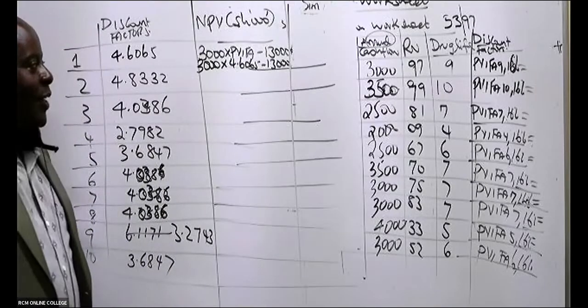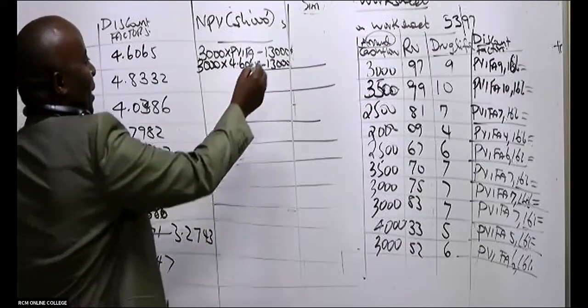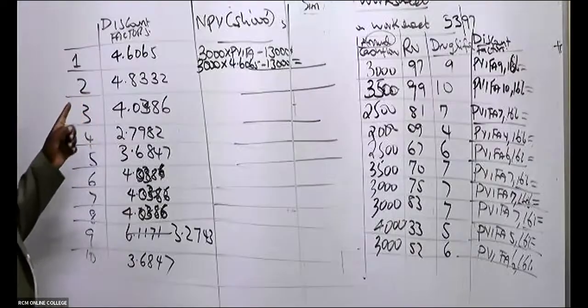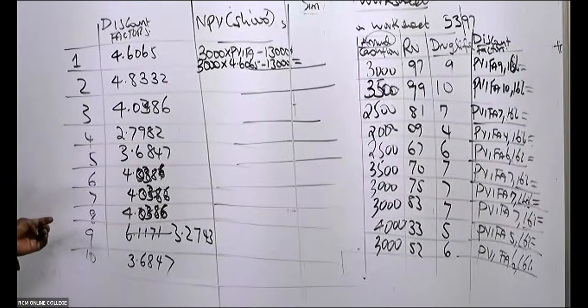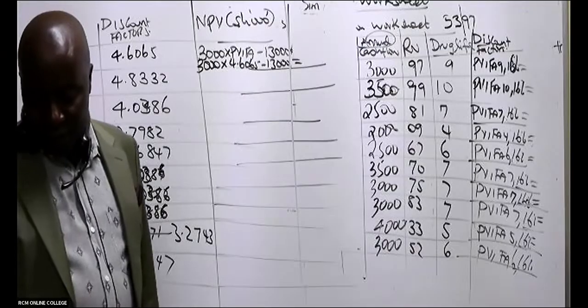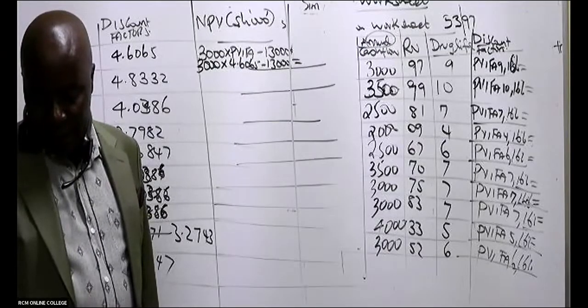What figure are you getting? The first one. Somebody give me this figure, please. So 3,000 times the discount factor minus 13,000. Now the online students are not even giving me answers.